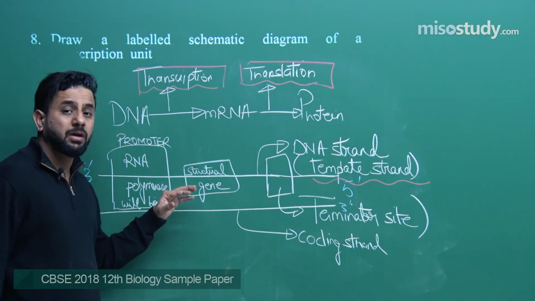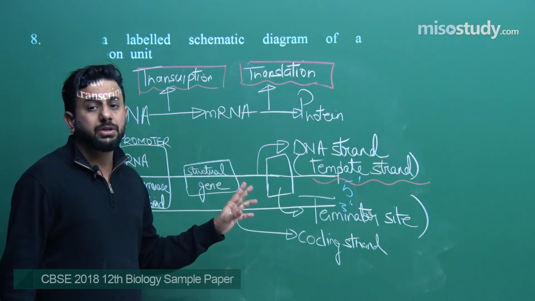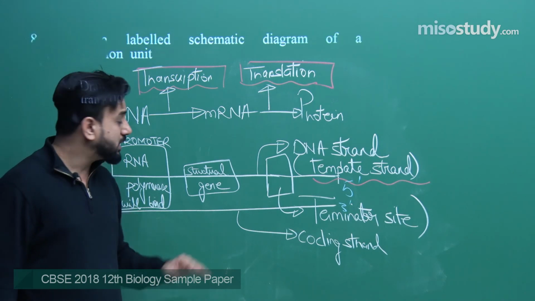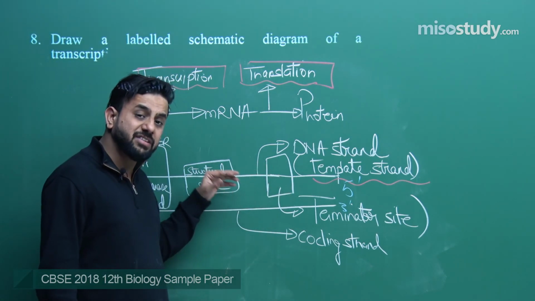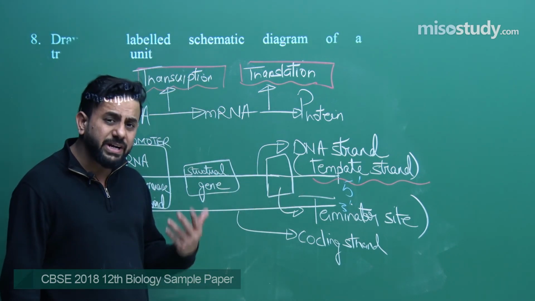Then we move on. The next site is a structural gene where the proteins of the mRNA will get formed. We move on, the transcription is taking place, the RNA is getting formed, but the transcription has to stop also. Why does it have to stop?